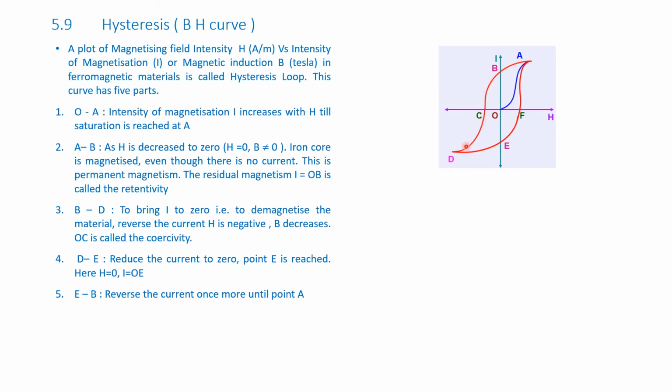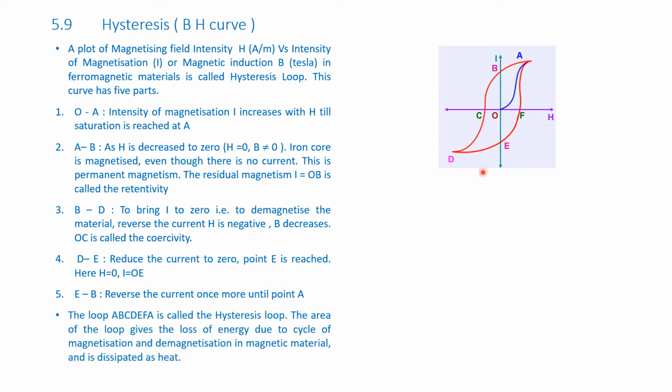It reaches saturation D, and again from D we started increasing the magnetizing field intensity, and we reach the point A. Therefore, this is a curve in this direction. A, B, C, D, E, F, A is the shape of the hysteresis curve. The loop A, B, C, D, E, F and A is called the hysteresis loop.